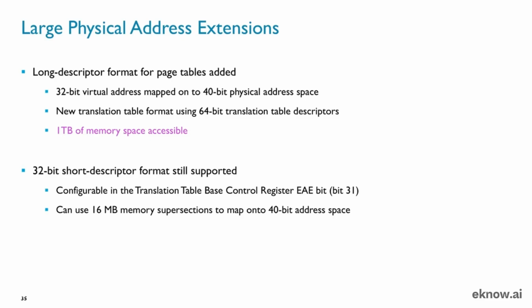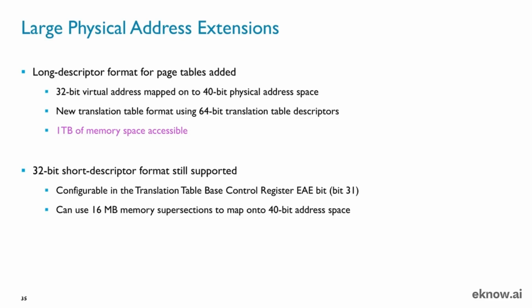The question then is, how can a 32-bit system use more than 4 gigabytes of physical RAM? This is where LPA comes in. It's an architectural extension that allows the processor to access a much larger physical memory space. As the first bullet point states, LPA introduces a new, long descriptor format for page tables.